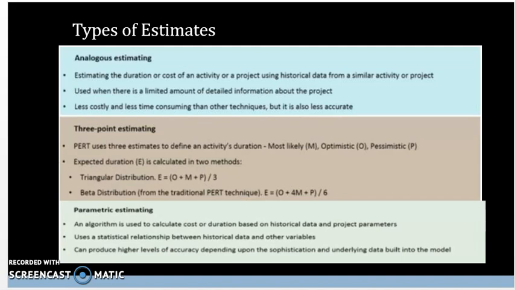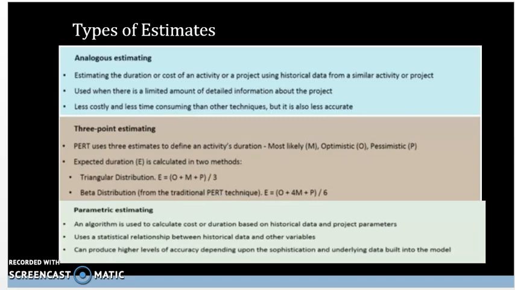3-point estimation is using the PERT technique, uses 3 estimates to define an activity's duration: most likely, optimistic, and pessimistic estimate. The expected duration is calculated using 2 methods here, and the triangular distribution formula is optimistic plus most likely plus pessimistic, all divided by 3.